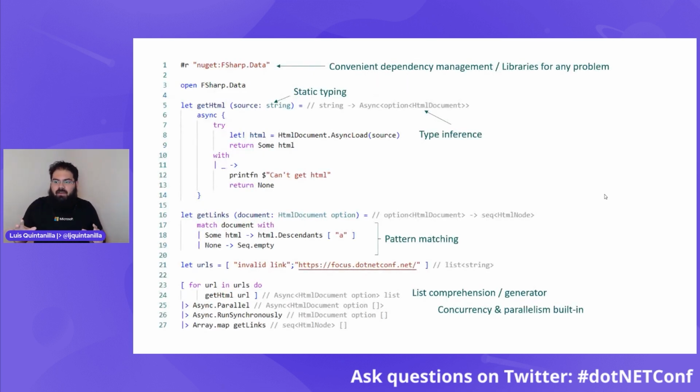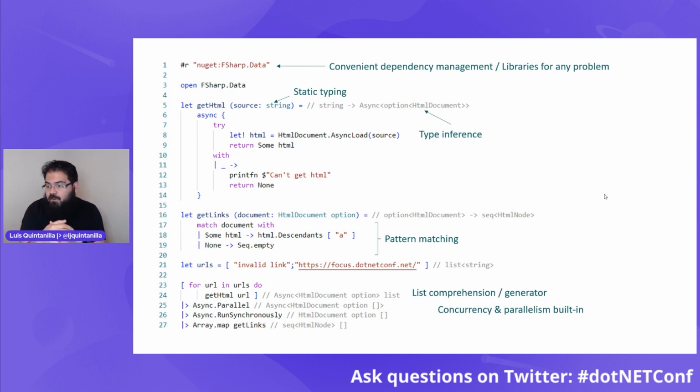Now, I'm not really going to go through all this because you've seen tons of demos of how wonderful F Sharp is and different features and things like that. But I'll just call them out, right? One of them, straight up, at the very beginning here, is the fact that you have libraries for any problem. In this case, I'm using F Sharp Data to get HTML and download HTML from some website, right? In this case, there's static typing. Again, there's a compiler that's checking my code.